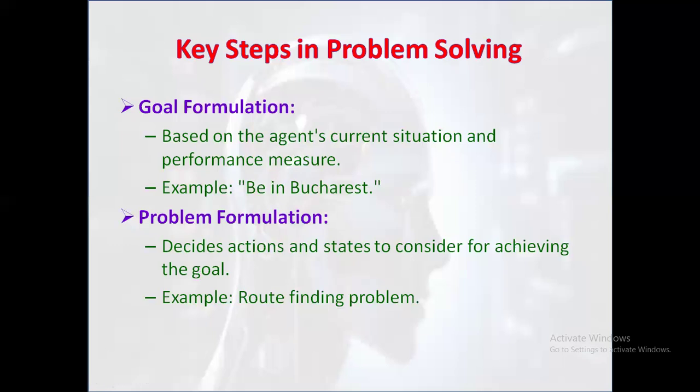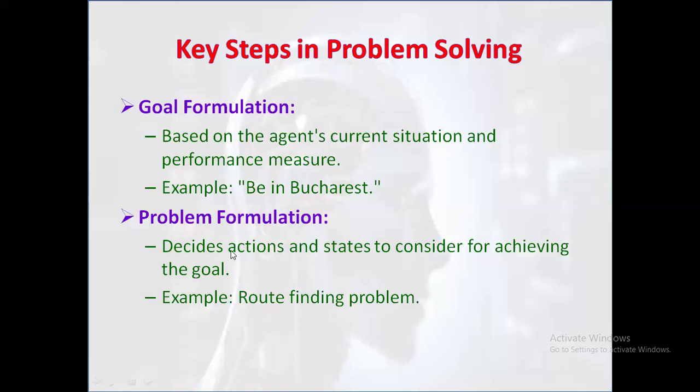So, this is the first and foremost thing we have to consider. For example, in a navigation task, the goal might be to reach a specific city. In this example, what is the city it has to reach? The agent arriving at Bucharest is the goal state. The agent formulates this goal based on its current state and the performance measure that evaluates progress toward achieving the goal.